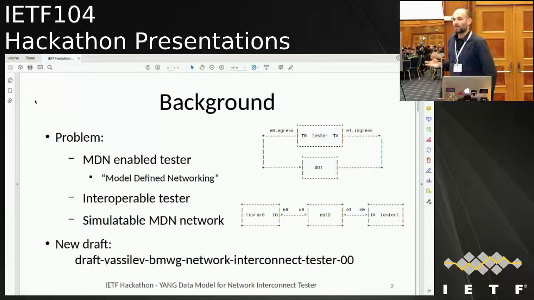So the problem with that, obviously, is that you don't have a model-defined network if you have only part of it, and an important part you cannot model. Like in the case today, you have to run a ping, which is an application which will send data and simulate some traffic. Or you can run an iPerf.